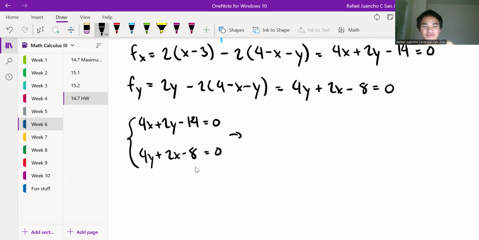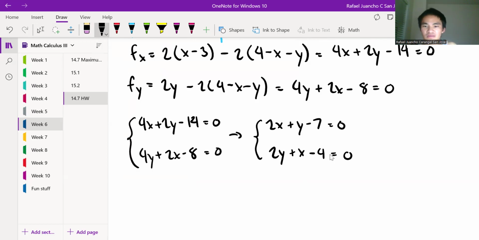I'm just gonna go with the safe substitution. So here I got 2x. It's not erasing. Okay. Here I got 2x plus y minus 7. Here I get 2y plus x minus 4.